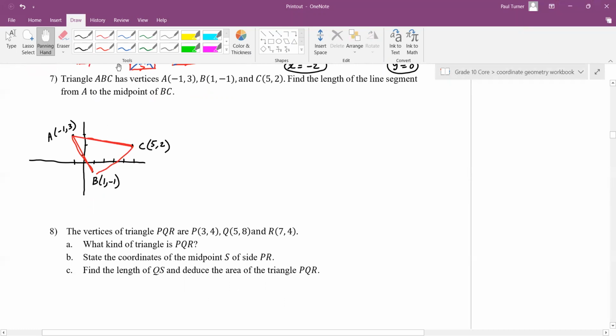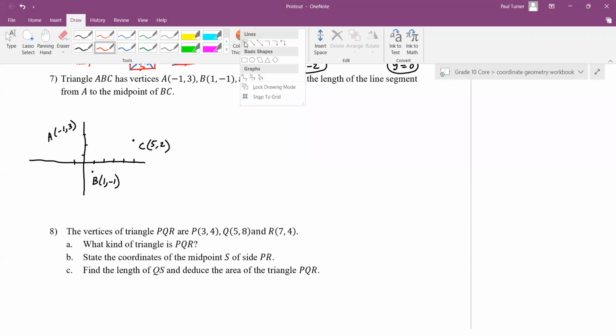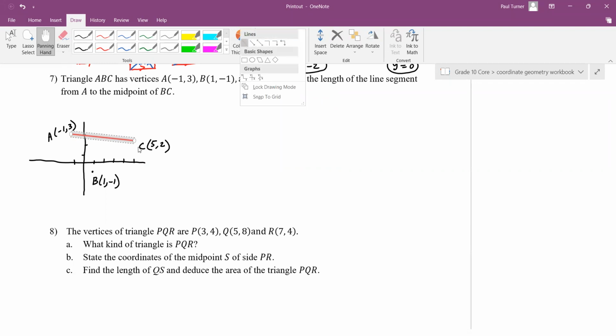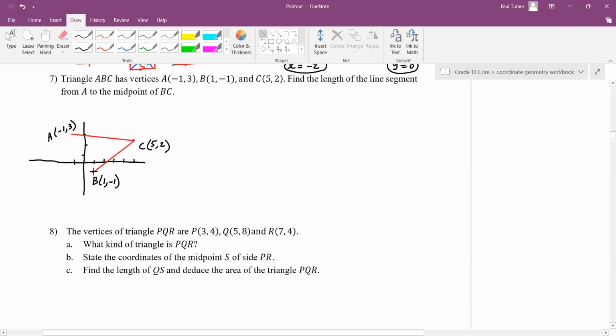Okay, so I might rub those out, but you draw your picture. I'll tidy it up. That didn't work very well. 5, 2, about there. Okay, so you keep working and I'll fix my picture. All right, something like that.